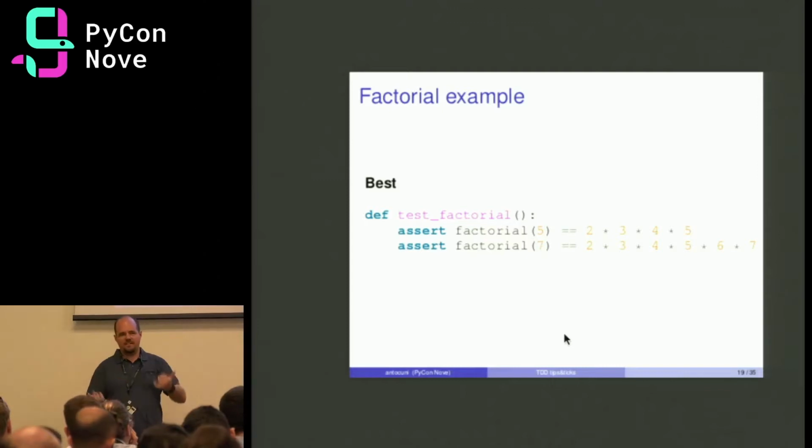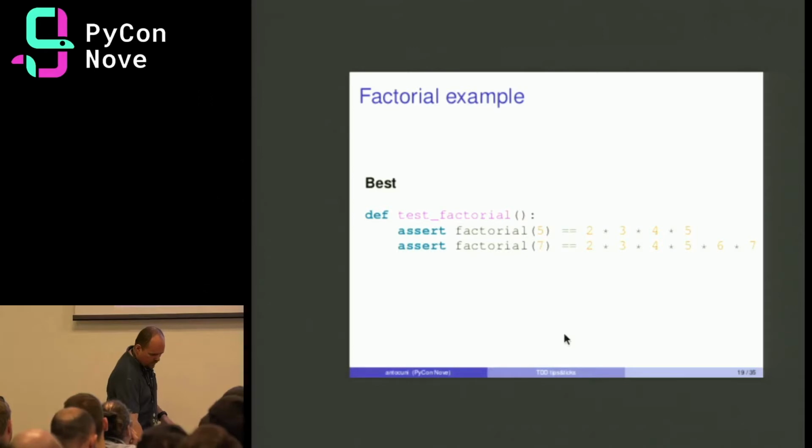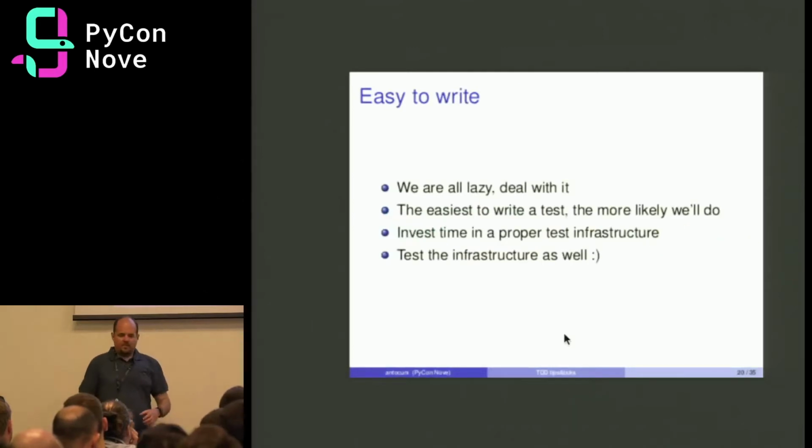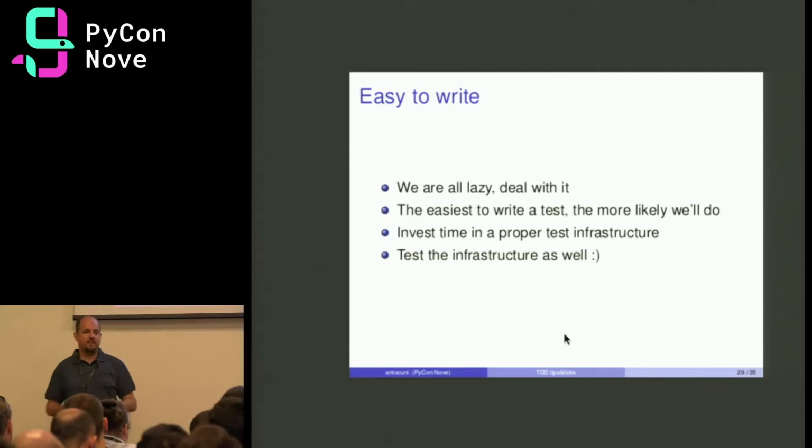But the general principle is that when you read the test, it should be obvious why the result is this instead of that. And then the code can compute it. So far we talked about a test which is easy to read, but we are programmers, so we are by definition very lazy. So a test must also be easy to write, or else I'm not going to write it.